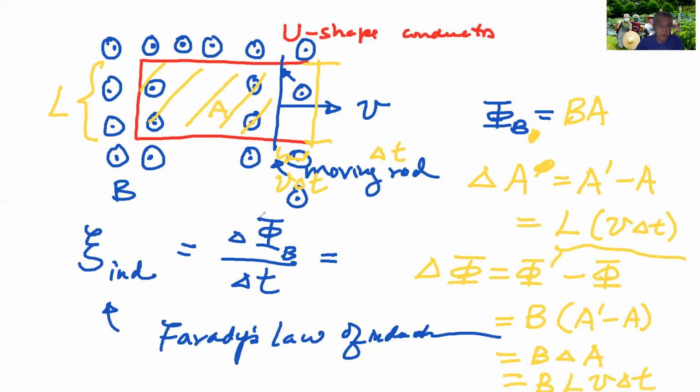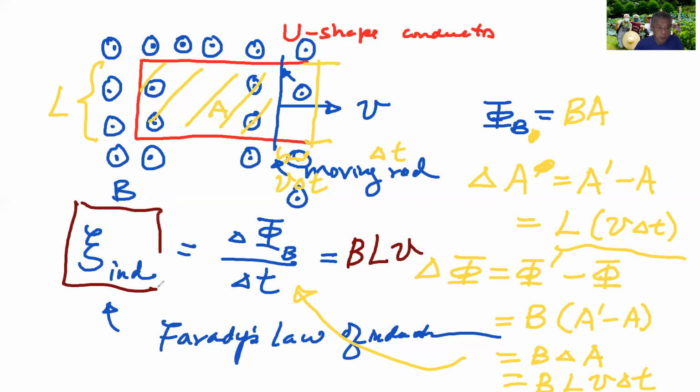Now we put this into here, and delta t is going to cancel. That's equal to B L v, and that's what we want to see.